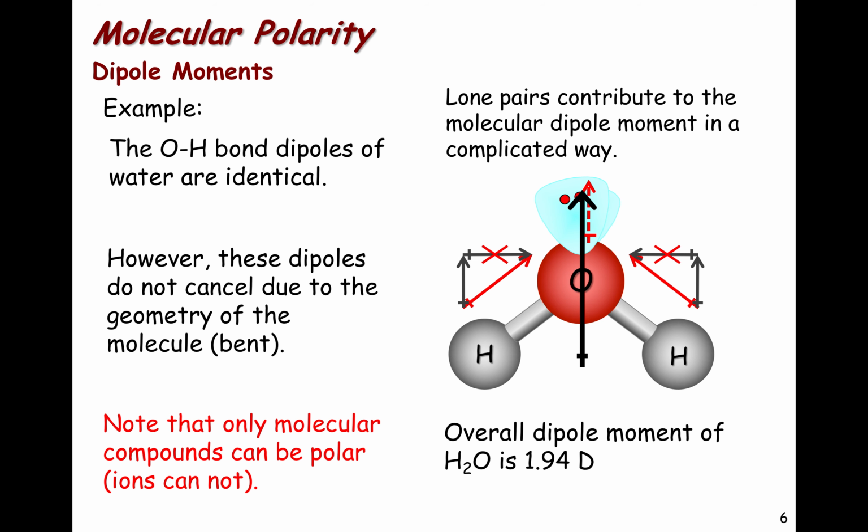So, the crucial thing here is that the overall dipole moment for water is not zero, but is a substantial value of 1.94 debyes, and it is in the direction of the oxygen atom. So the oxygen atom has the slightly negative partial charge, and the bottom of the molecule, as seen here, is the end that has an equivalent amount of slight positive partial charge.